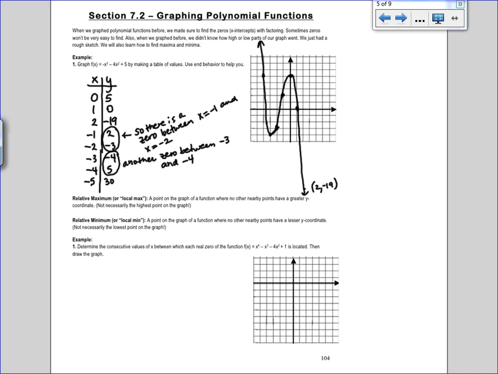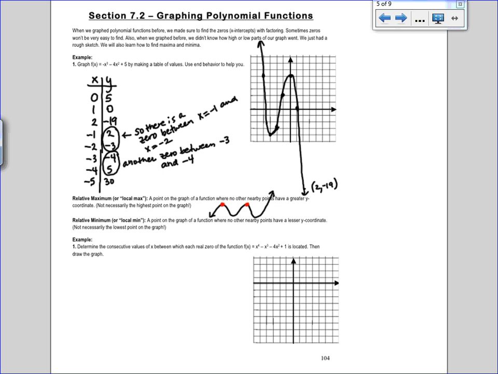Now, relative maximums and relative minimums. These are also called local maxes and local mins. Basically, these are just the hills and valleys of the function. If I have something that looks like that, my relative maximums are right at the top. Notice those aren't necessarily the highest points on the graph.